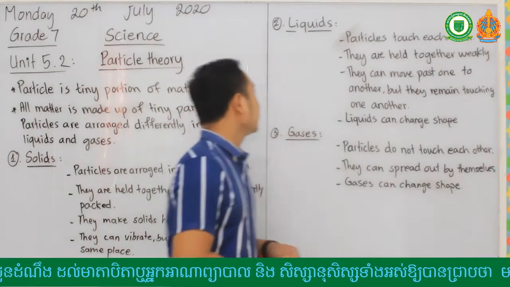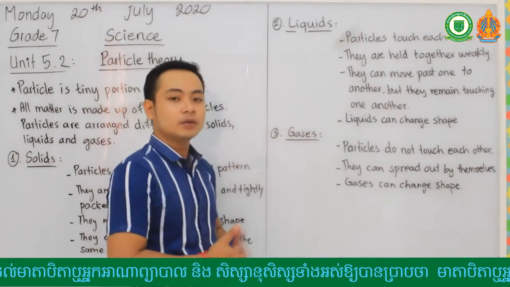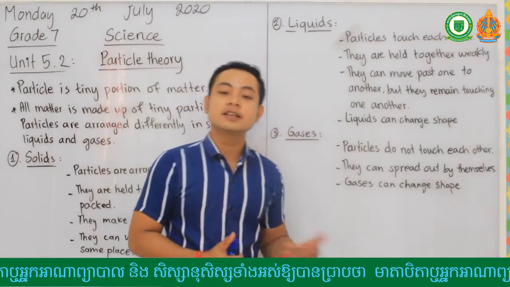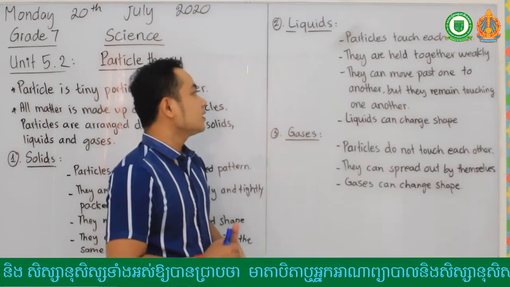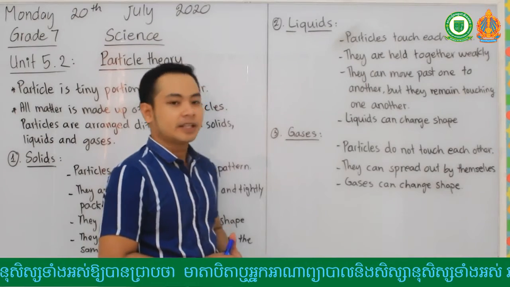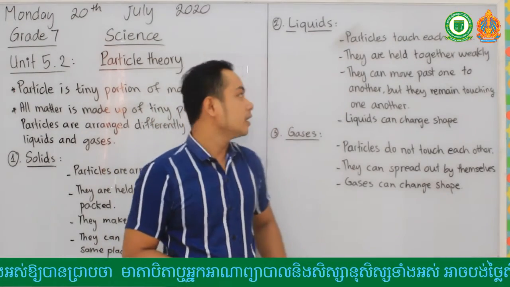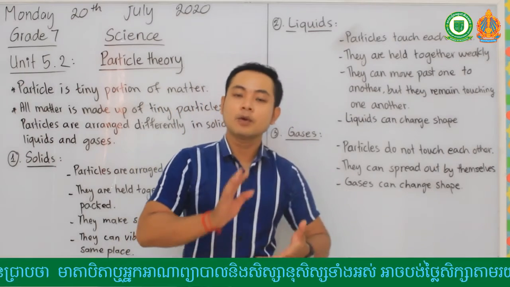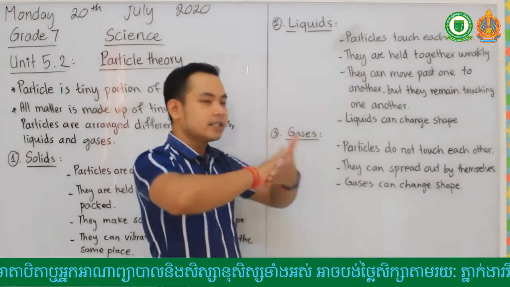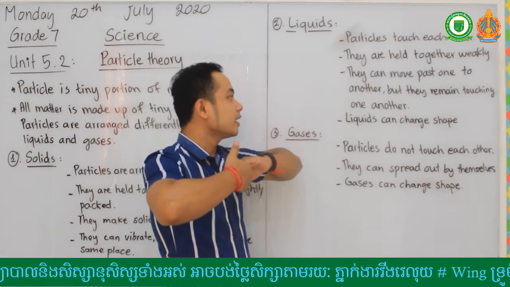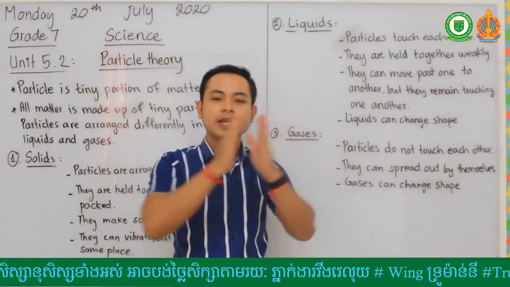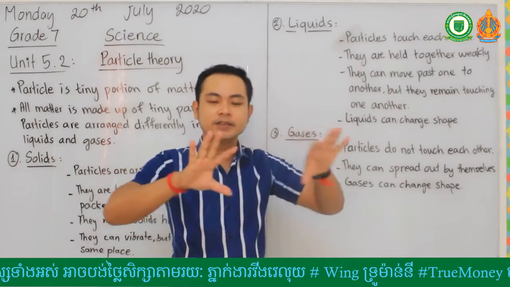Take a look at the liquids. In liquids, particles touch each other. We know in liquid we have examples like water, right? They touch each other, but they are held together weakly, they are not strong. We can break it, we can touch it.